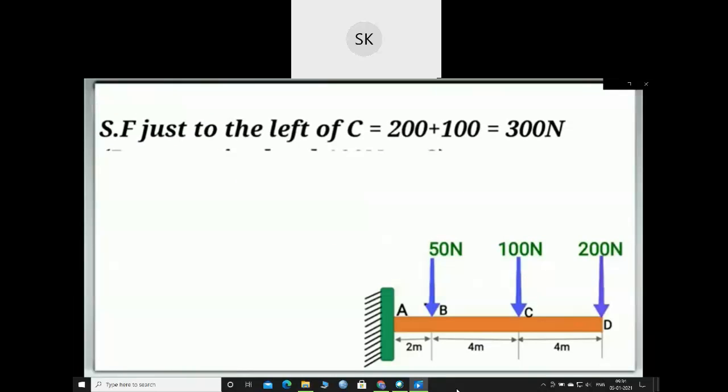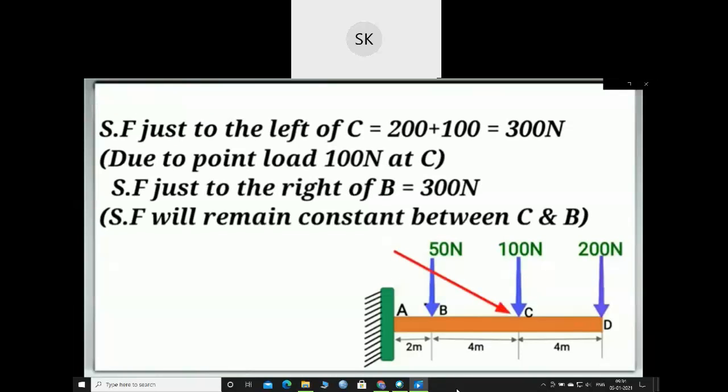Now shear force just to the left of point C will be equal to summation of all the forces in the right portion of this point, which will be equal to 200 Newton plus this 100 Newton equal to 300 Newton. And shear force just to the right of point B will also be equal to 300 Newton, since shear force will remain constant between point C and B because there is no load in between.